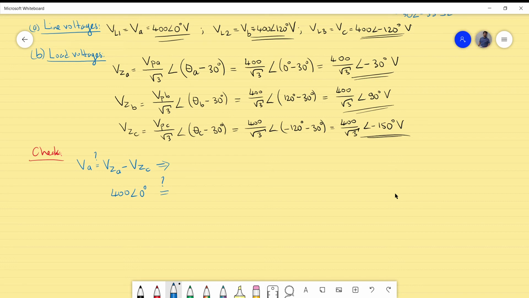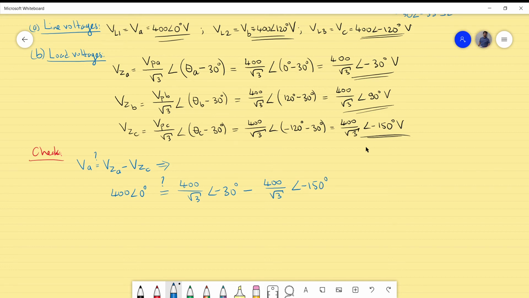What do I have for VZA? It's just this, 400 divided by square root of 3, and a phase of minus 30 degrees, minus the same amplitude, 400 divided by square root of 3, and it will be a phase orientation of minus 150 degrees.